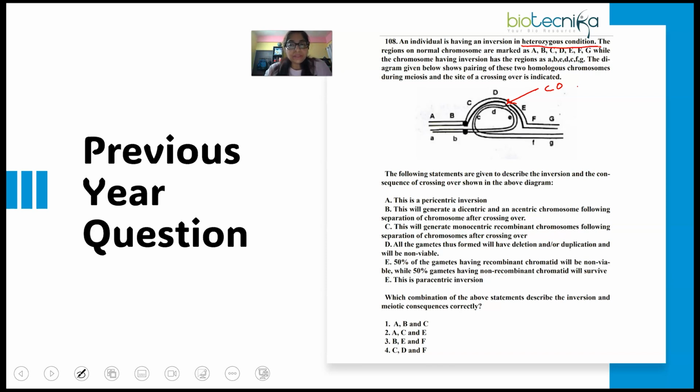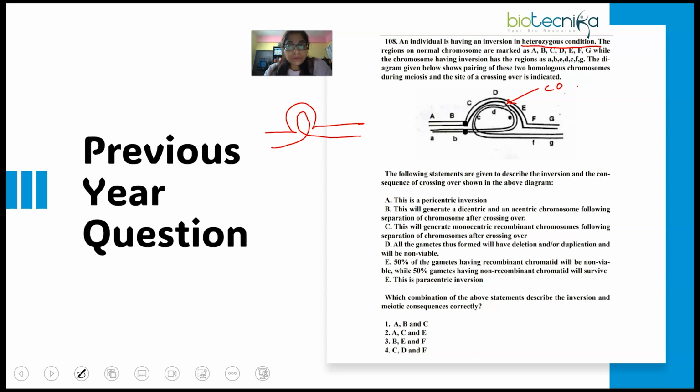If that is the scenario, then the two homologous chromosomes cannot align with each other at the time of crossing over, and alignment is a basic necessity for crossing over to proceed. So to align, the chromosome which has the inversion will create a cross loop like this so that alignment can happen.